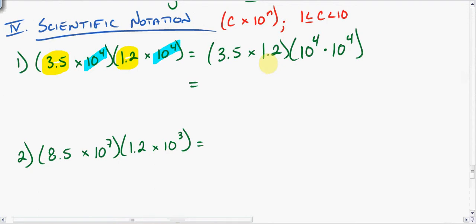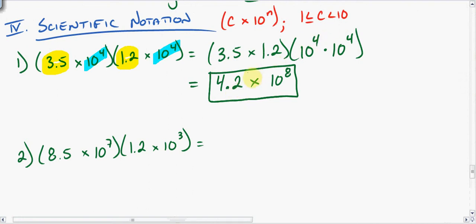Alright, and that's going to give me 4.2. So I have 4.2 times 10 to the 4th times 10 to the 4th is 10 to the 8th. Same base, simply add the exponents. My C value of 4.2 definitely falls within this range, so I can be comfortable with this answer. Alright, my C value is not less than 1, not greater than 10.